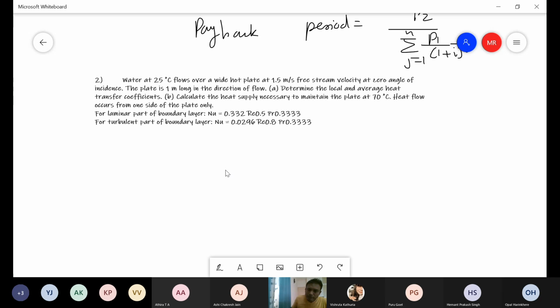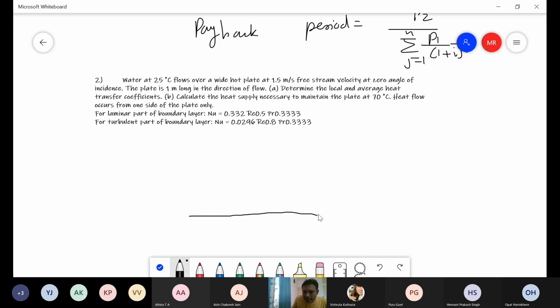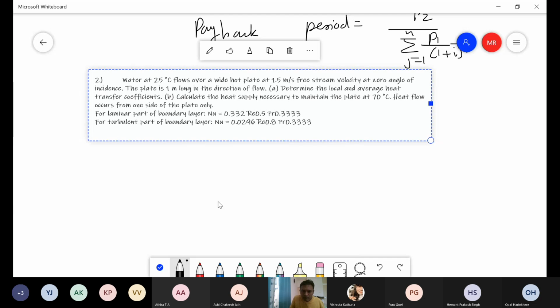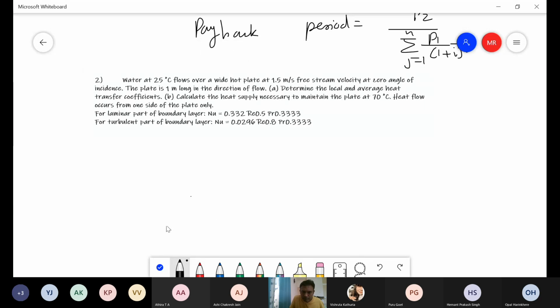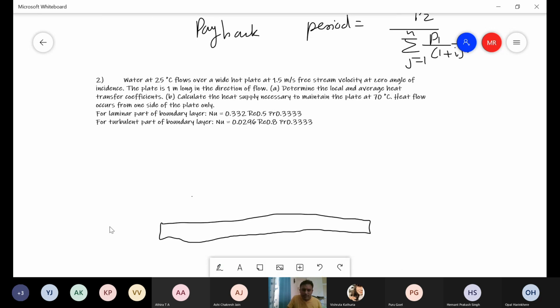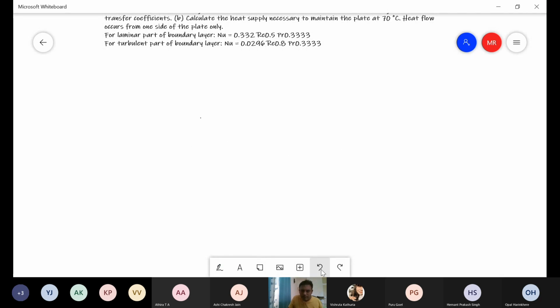So the problem is something like this. There is a plate. My drawing is extremely lousy, so please bear with me.